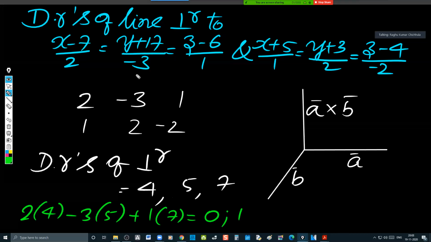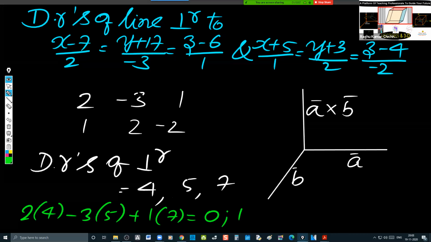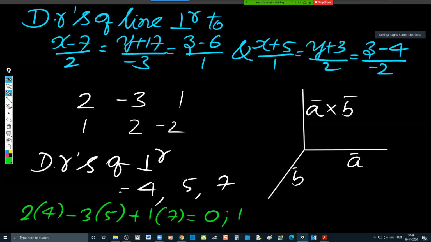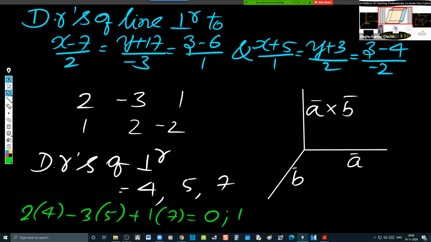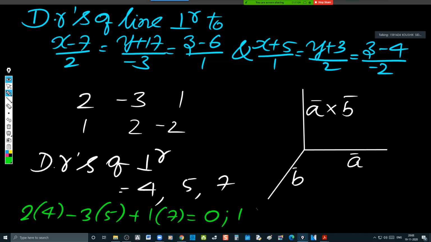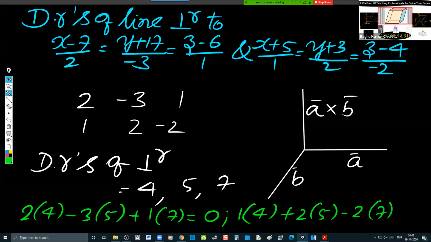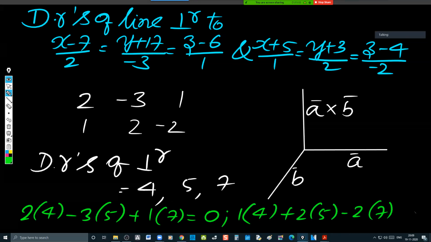Yes, sir. I confirmed it with the first line by applying a1 a2 plus b1 b2 plus c1 c2 equal to 0. Okay, can you do the same for the second line also? 1 into 2, plus 2 into 5, plus minus 2 into 7. Is it 0? 2 plus 10 minus 14.